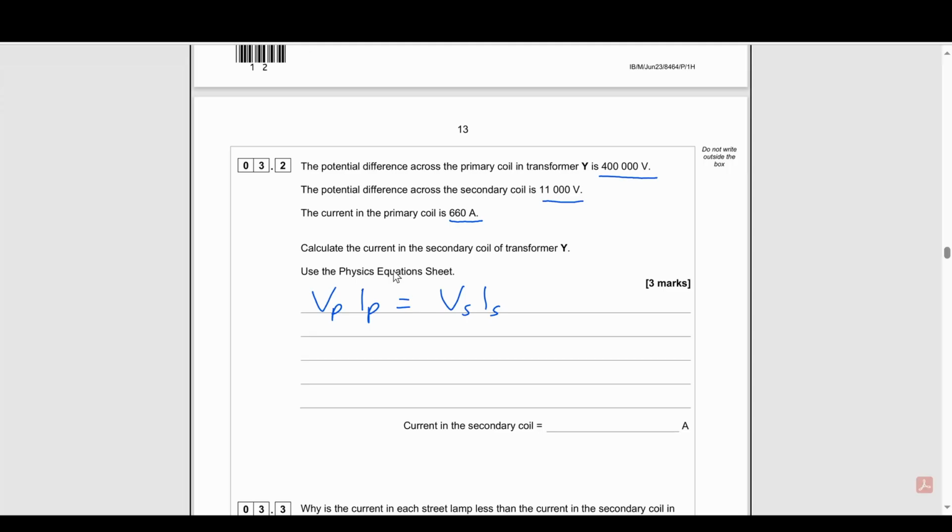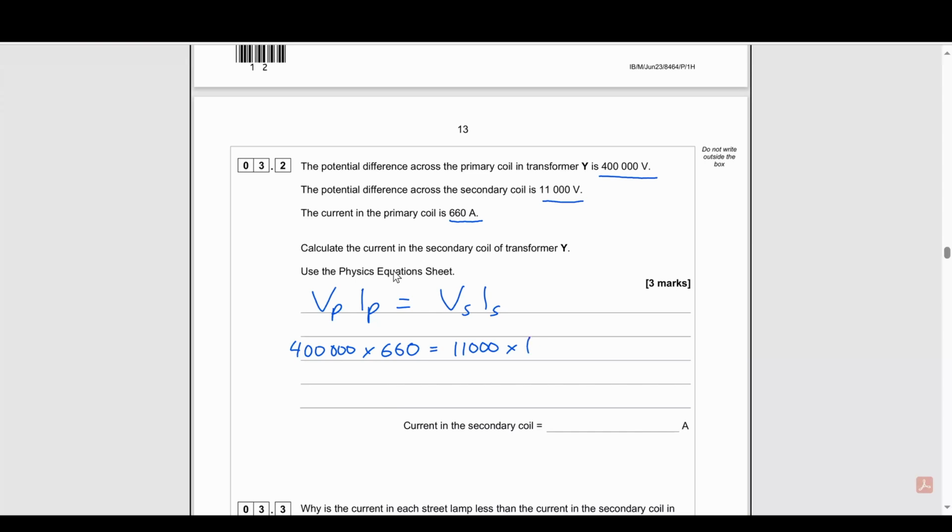So what we need to do now is just input those values into our equation. So a potential difference in primary coil, 400,000. Our current in the primary coil is 660 amps. Our potential difference in the secondary coil is 11,000 volts.